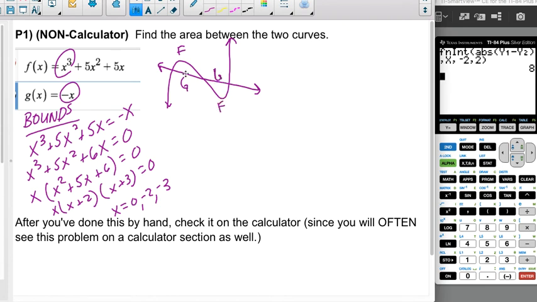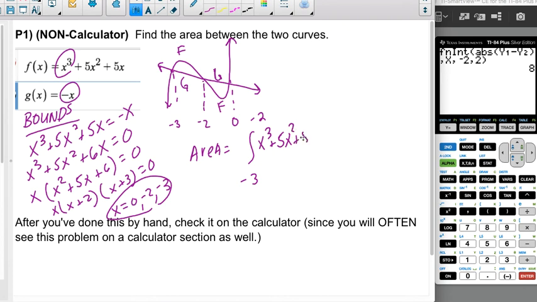So if you're doing this by hand, you know the places where they intersect. This is at -3 because that's the first one numerically. This is at -2 and this is at 0. So if you're doing this by hand, your area is going to be the integral from -3 to -2 of f, which is x cubed plus 5x squared plus 5x minus a -x.